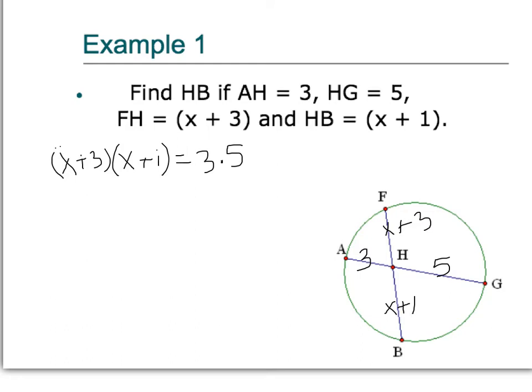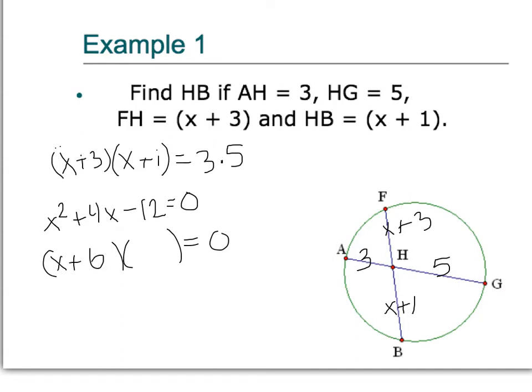Simplifying this, we have x squared plus 4x minus 12 equals 0. And I'm going to factor that, and we'll have x plus 6 times the quantity x minus 2, and I have x equals negative 6 and or 2.